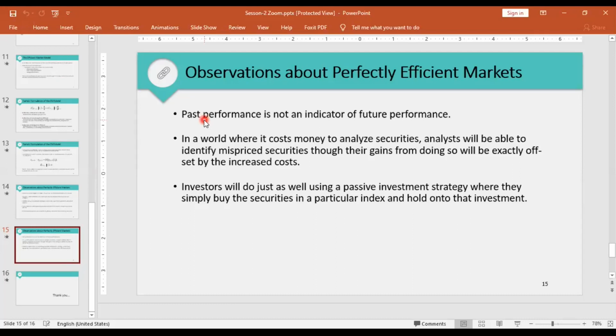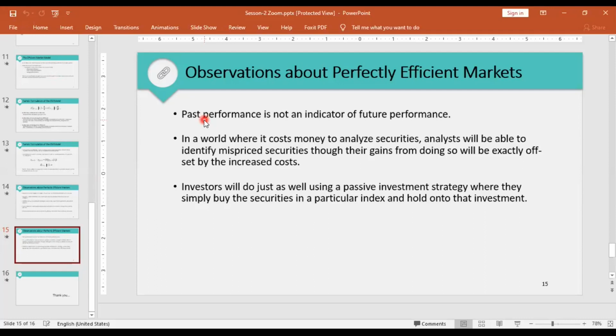But again, the problem is to have that type of sophisticated analysis, you will have to bear some cost. So that cost again will offset whatever the abnormal return you generated. So it will again become a normal return.